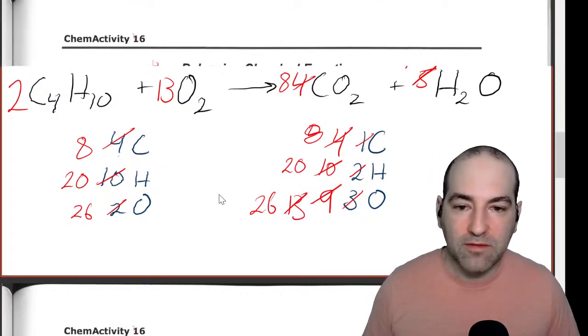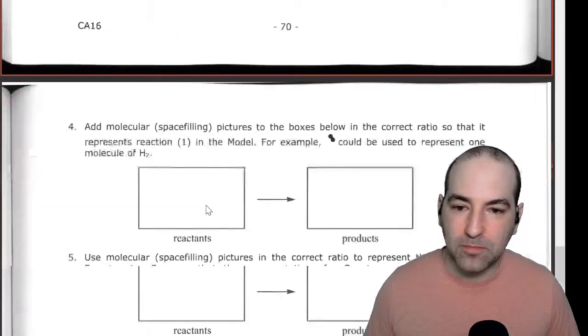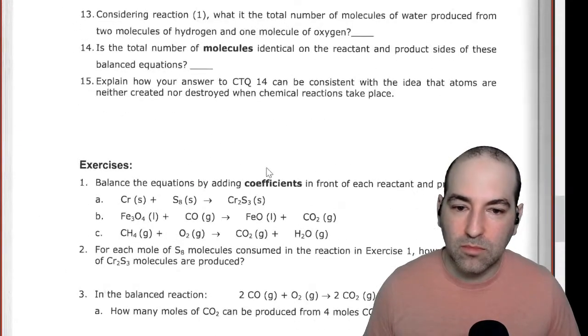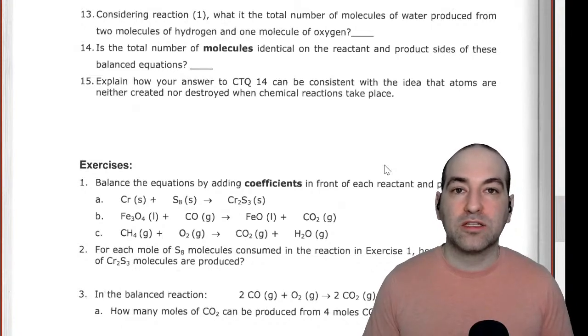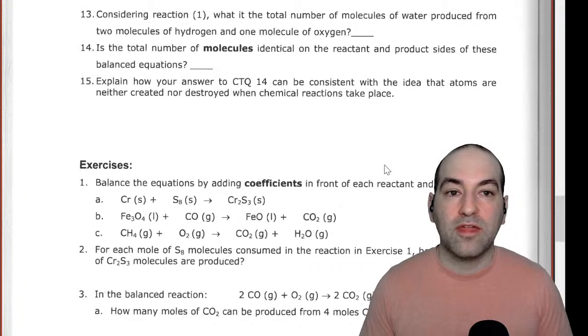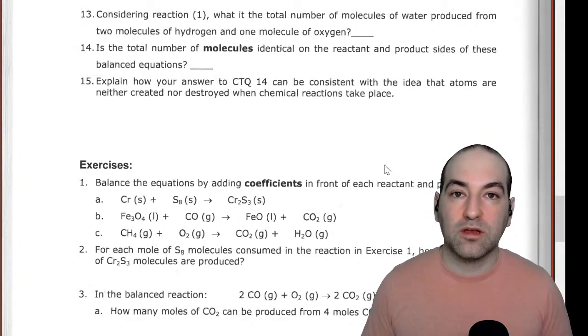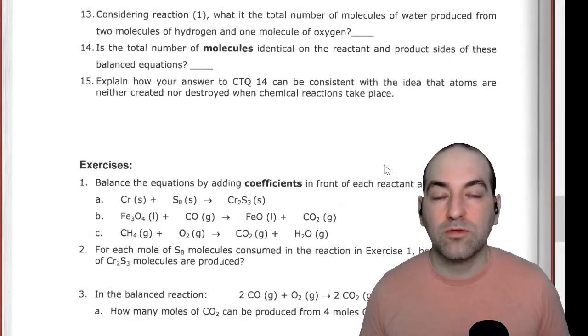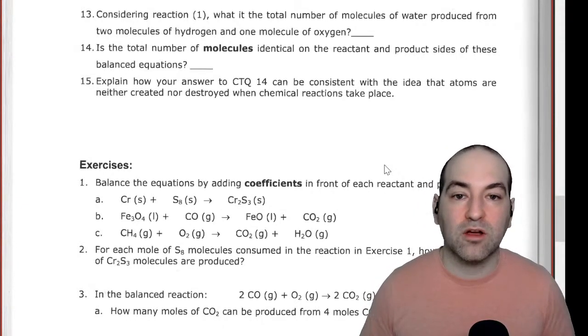There's not a whole lot of extra practice on this document here, but in the chemical reactions virtual lab, there is a lot of practice doing this. So that would be a good thing to do, particularly before you take the quiz. Make sure you go through that chemical reactions lab and practice balancing all those equations.